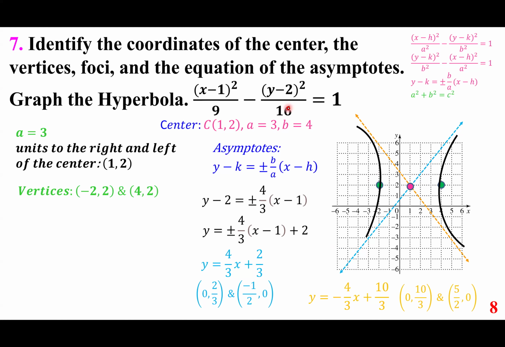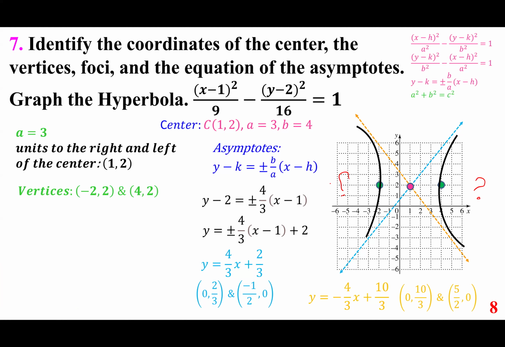A, B, center, asymptotes. So what is left? Foci. Now, in the case of a hyperbola, a squared plus b squared is always equal to c squared. That doesn't change, because c is always larger than the others. Because it's elongated along the x-axis, the foci are somewhere here and somewhere here.